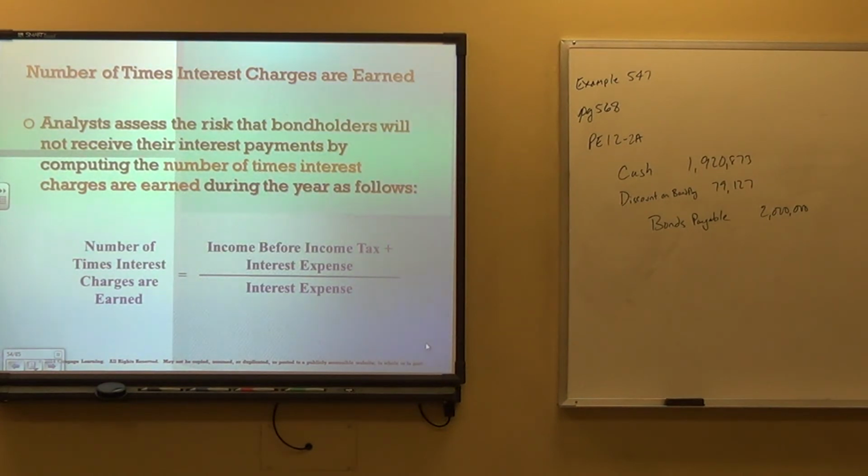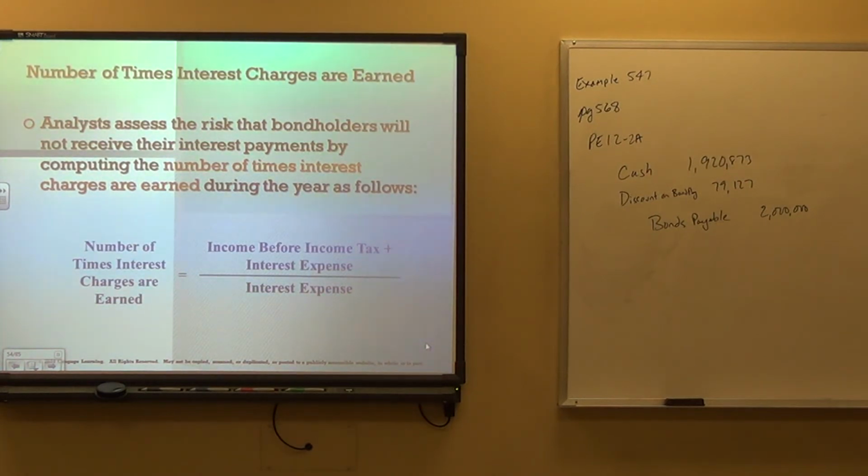It's your income before income tax and interest expense, over interest expense. So basically, I'm taking my income before I pay the taxes, and then adding my interest expense, and then dividing by my interest expense. So how many times am I covering the interest charges?